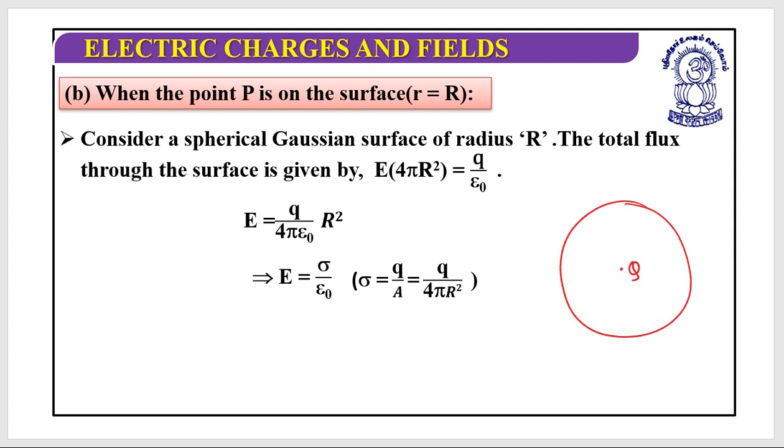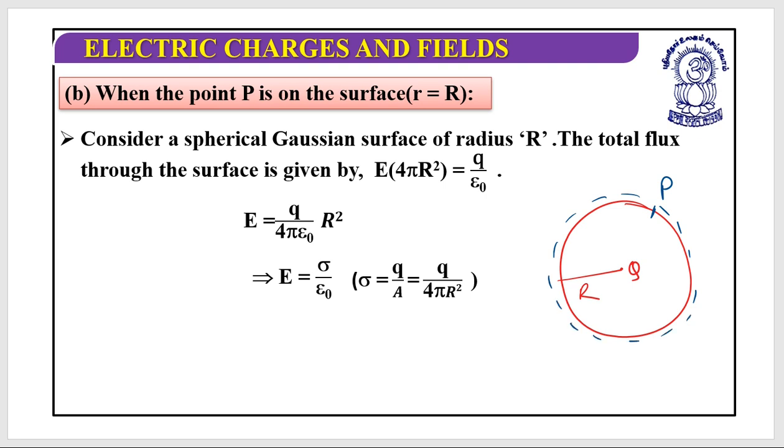Let's say this is Q having radius R. Now, in this situation, you require an electric field when point P is on the surface. So what you need to do is cover this by a certain Gaussian surface.